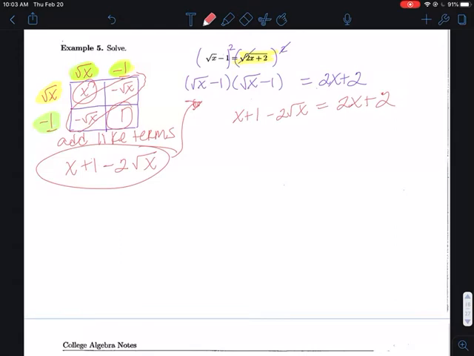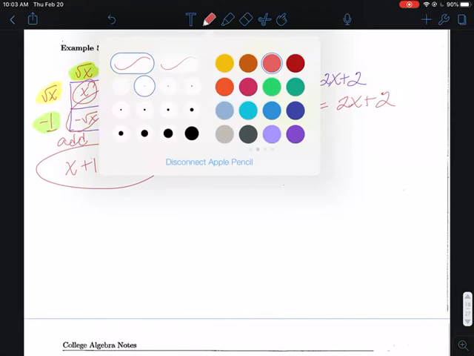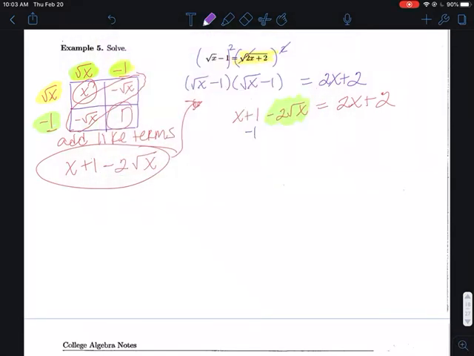All right, again, now you see another square root of x. So you have another square root over here that you need to get rid of. So in order for you to do that, you want to isolate it, get that green stuff by itself. So to do that, I'm going to subtract 1 from both sides.